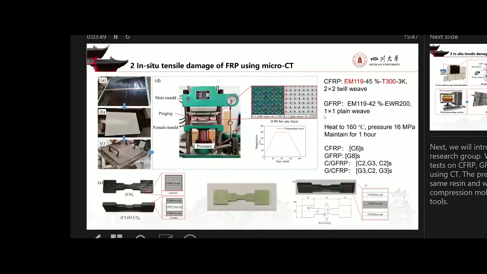In this part, I will introduce some research in our team. We conduct the in situ test of FRP. We use CFRP, GFRP, and the carbon-glass FRP, which we call hybrid FRP.